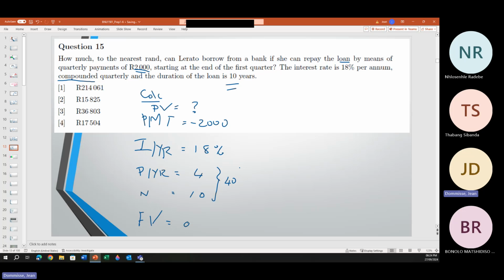So firstly, let's use the financial calculator. 2,000 rand PMT, 18% interest, 4 times per year, 10 years is 40 periods.